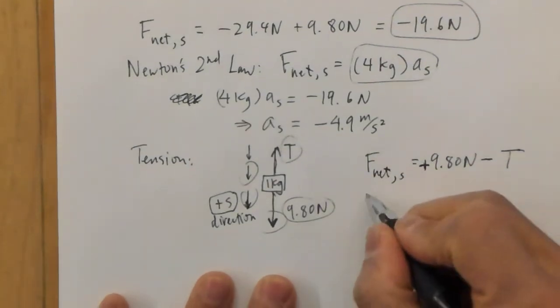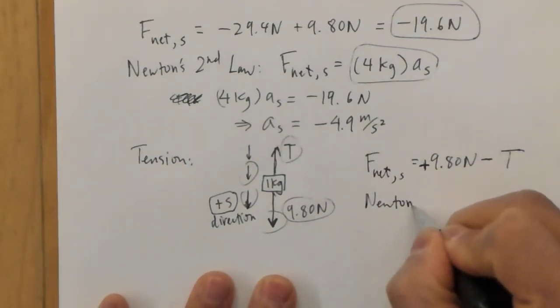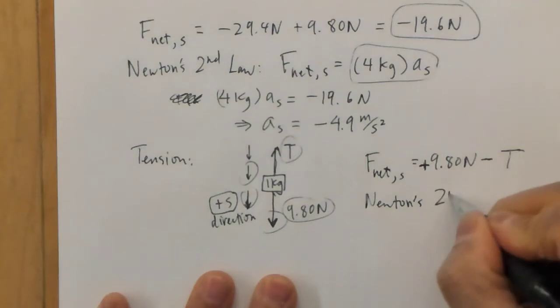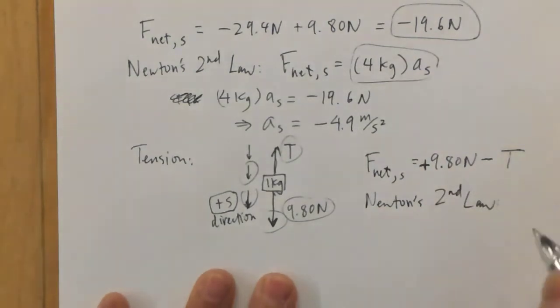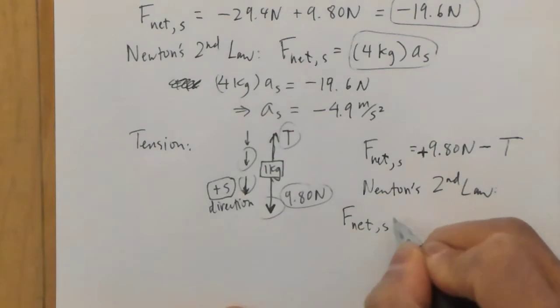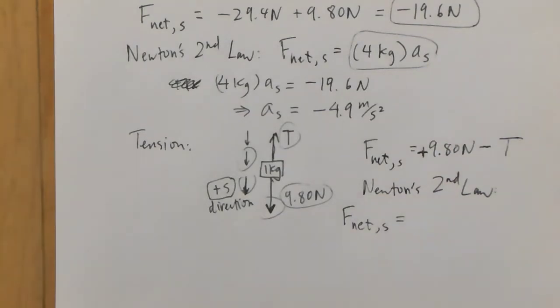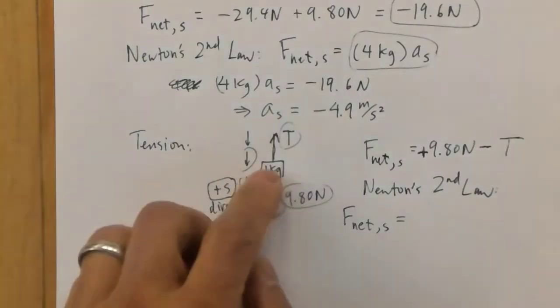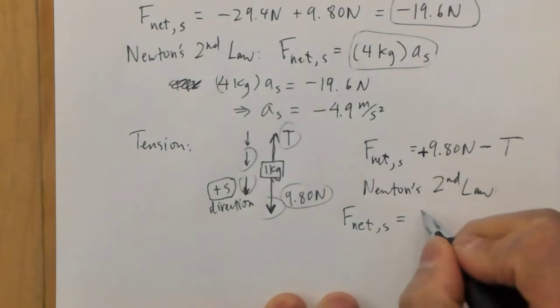Okay, then we also have Newton's second law, that the net force in the s direction is equal to the mass times as, the acceleration in the s direction. What mass should I use here? Just this guy, right? There's only this one we're looking at, 1 kilogram.